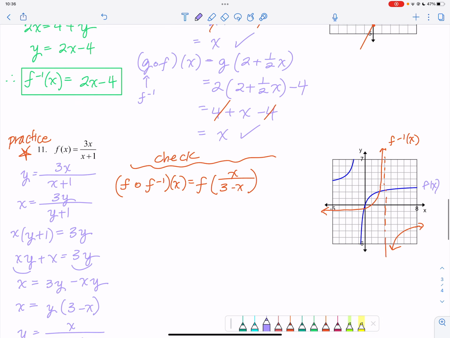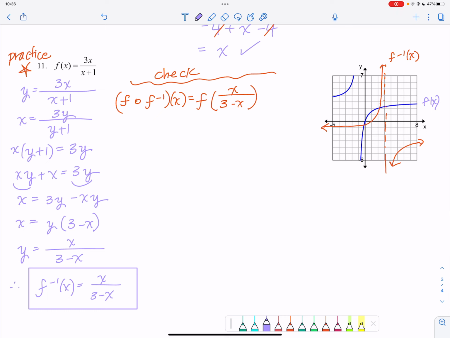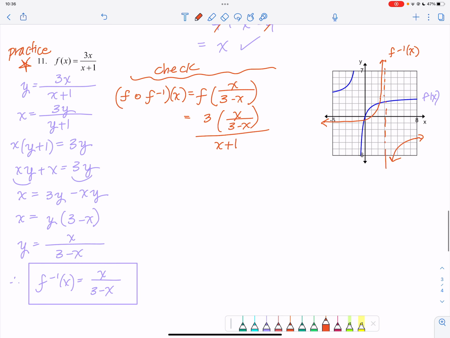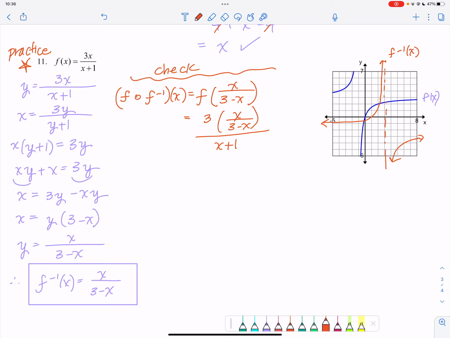Here I'll use the notation. And that's equal to 3 times x divided by 3 minus x all over x plus 1. We'll multiply the numerator and the denominator by 3 minus x.